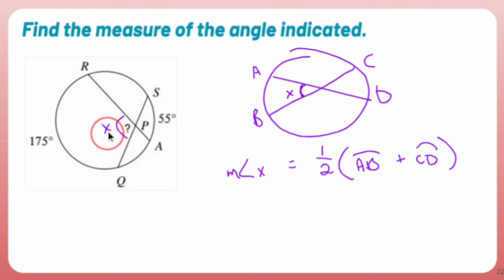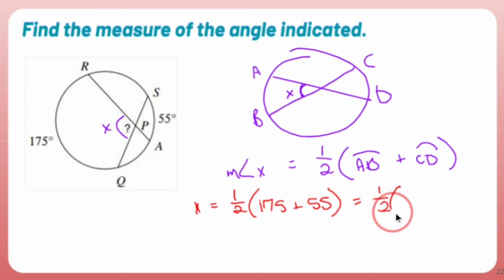Regardless, we're going to do the same thing here. I'm going to call you X. And so X is going to be the average of 175 and 55. The measure of X is going to equal 1/2 of 175 plus 55, which is 1/2 times 230, which is when I usually go to the dentist.